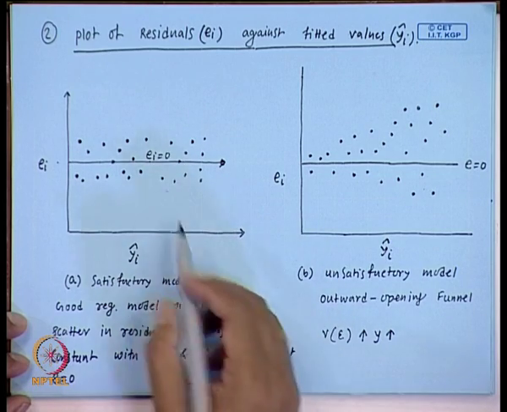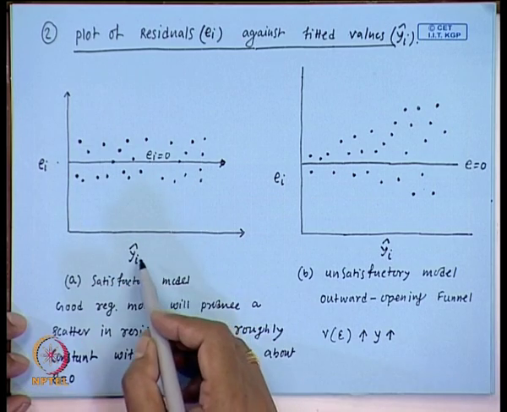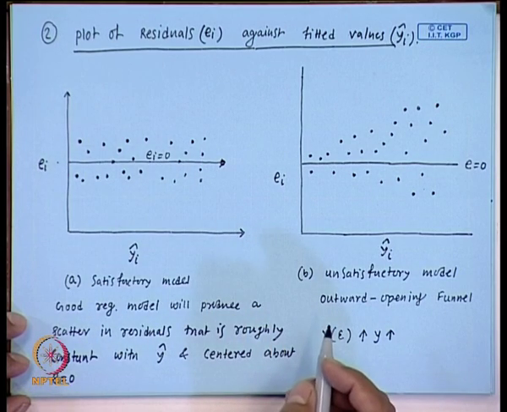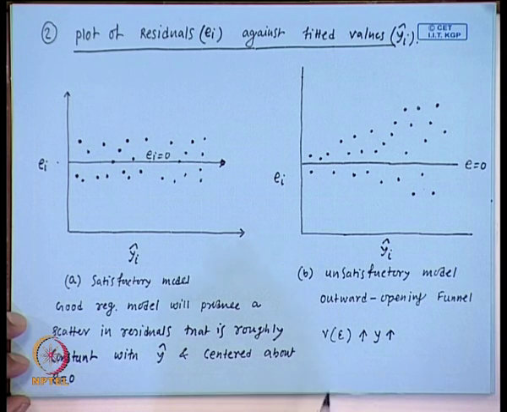Okay. So, if the plot of residual against the fitted value looks like this one, then you can conclude that this is a good regression model, and a good regression model will produce a scatter in residuals that is roughly constant with y hat and centered about e equal to 0.